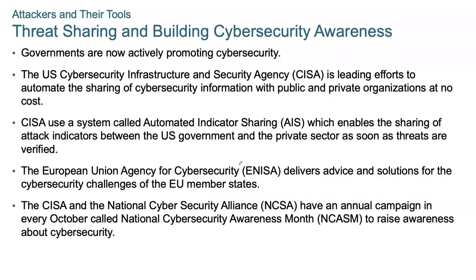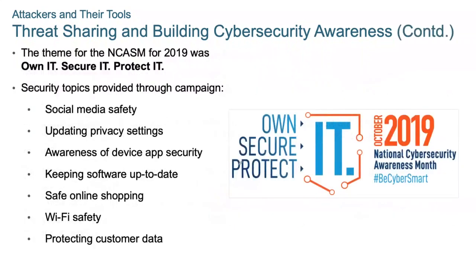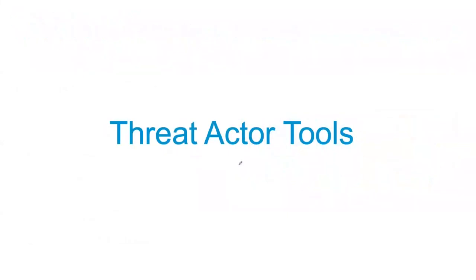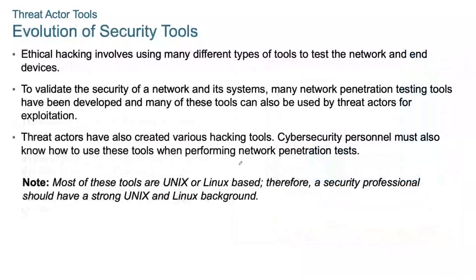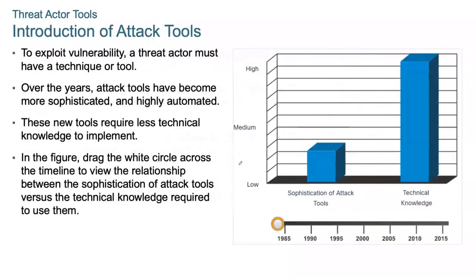Okay, and then let us see the threat actors and how they use tools. This is what we have just seen, the National Cybersecurity Awareness Month. So how are these threat actor tools used? What is the intention of these tools? As we are saying, to exploit a vulnerability a threat actor must have a technique or tool.